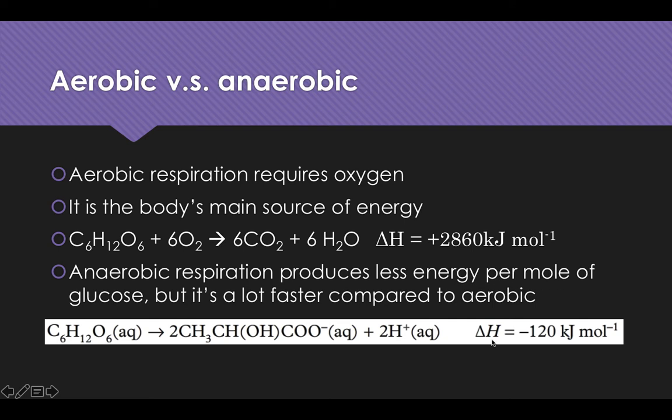You can see that the heat produced by this reaction is only 120 kilojoules per mole. However, it is a lot faster compared to aerobic respiration. Therefore, when our body really needs energy but doesn't get supplied enough oxygen, then the anaerobic reaction will naturally take place.